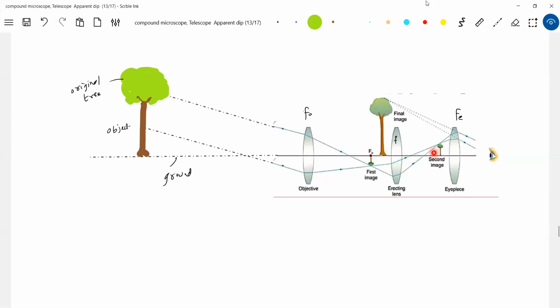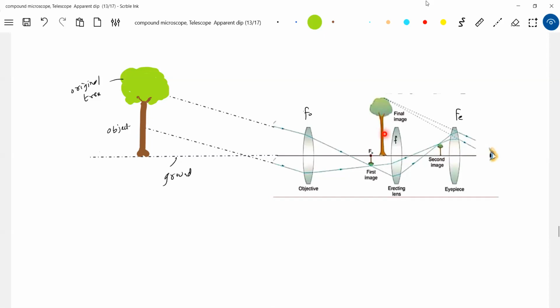So where should I keep it? The distance should be more than f. Then its image will be formed here, and this image I2 should be at a distance less than the focal length of the eyepiece. Then an erect image will be formed. This is the final image.